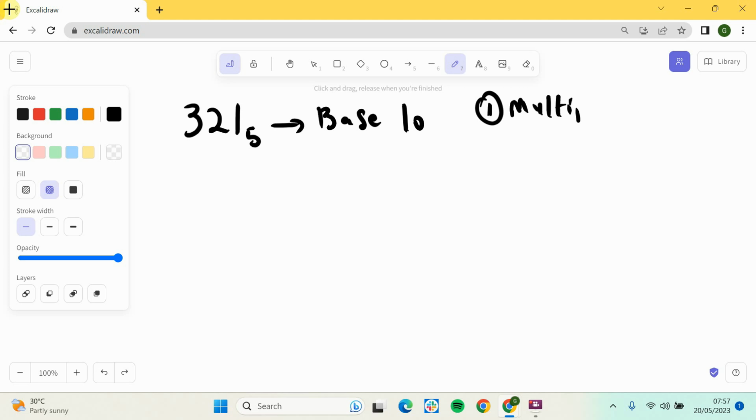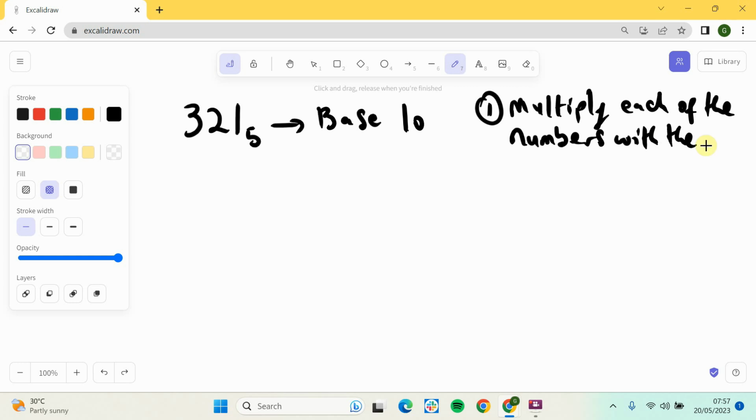So the first step is to multiply each of the numbers with the base. Then the second step is to add each multiplication.